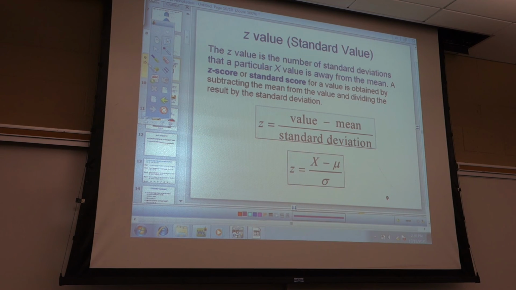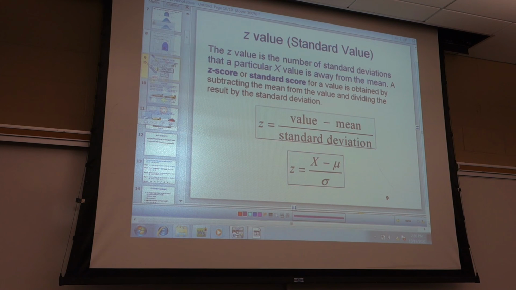So Z value, standard value. What's the Z-score again? It's the number of standard deviations the value is above or below the mean. How do you find a Z-score? Well, you take the value you care about, that you want a Z-score for.